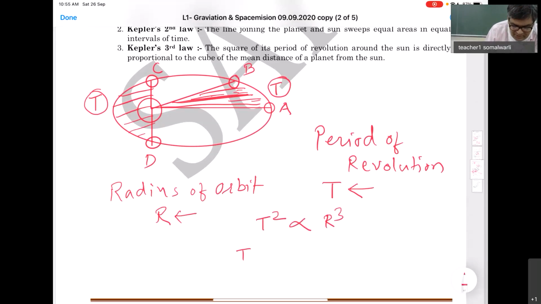That means the ratio of T square and R cube always remains constant. So that is Kepler's third law for you.